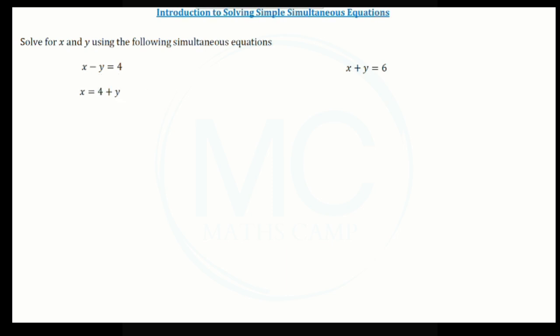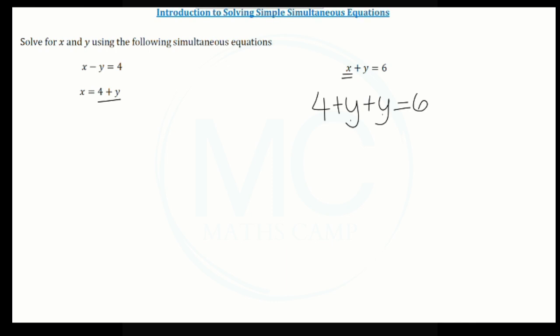Now that I've got 4 plus y, I'm going to substitute it into the x value over here. So I say 4 plus y is equal to 6. And now I can solve.